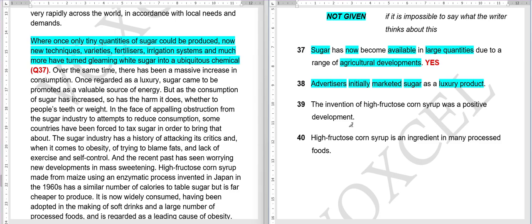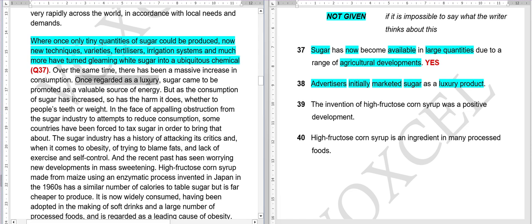And if we don't know anything about how it was initially marketed, then the answer will be not given. Clear? So let's read further. Over the same time, there has been a massive increase in the consumption. Now we're talking about the increase in consumption, once regarded as luxury.